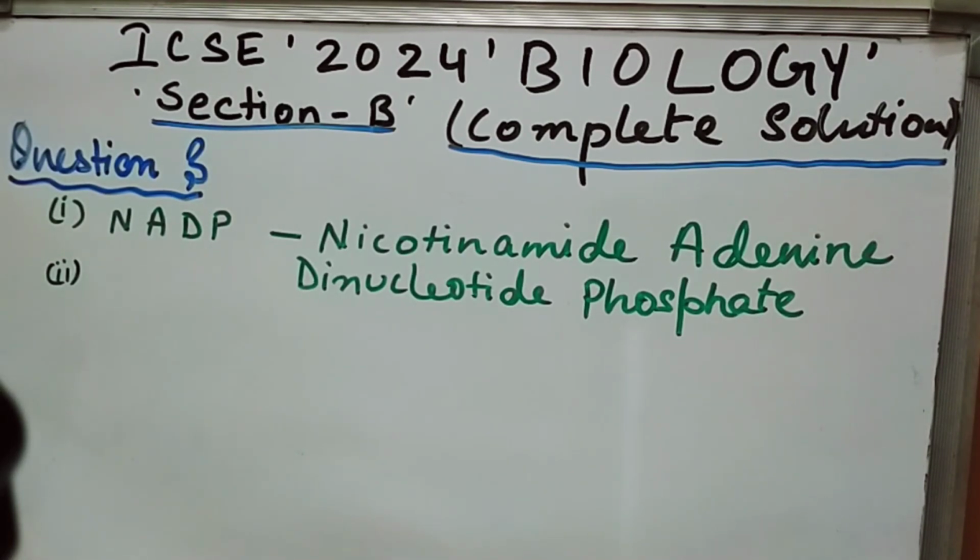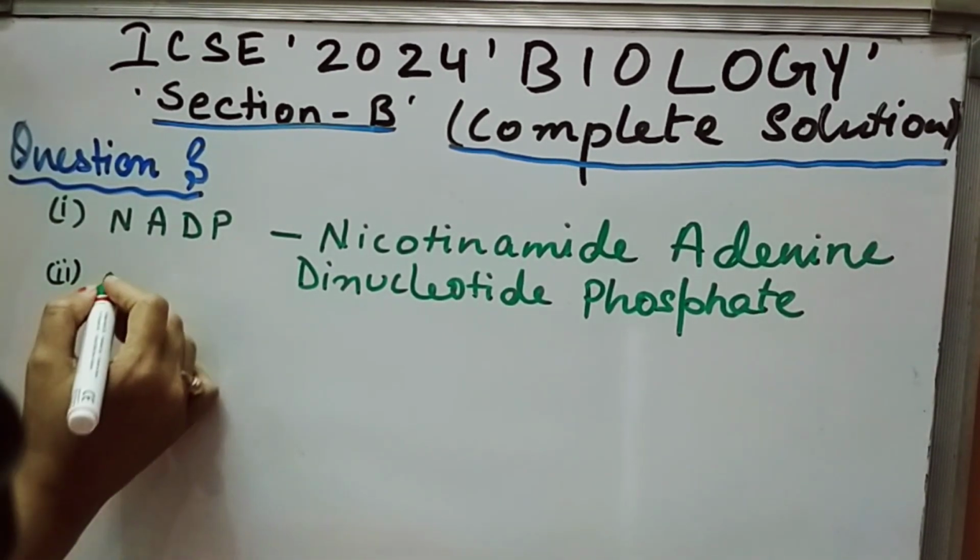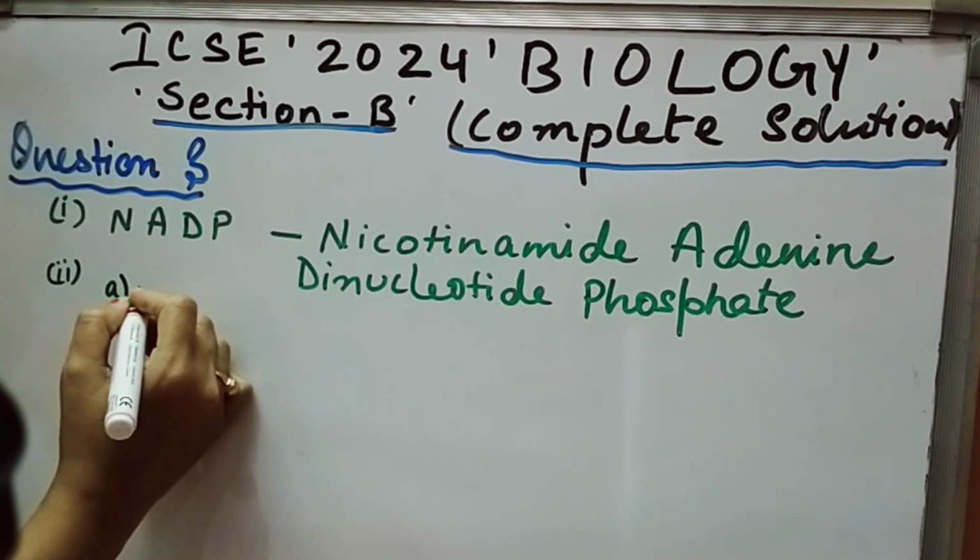mention 2 adaptations in roots for absorption of water from the soil. So there are many of the adaptations in the root for absorption of water. What are they? So root hairs.